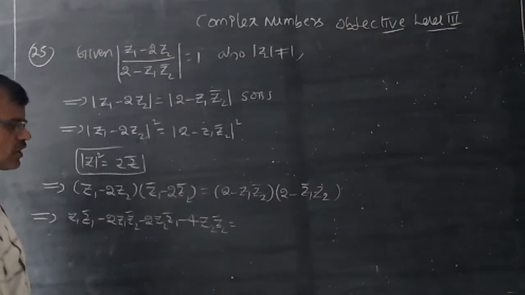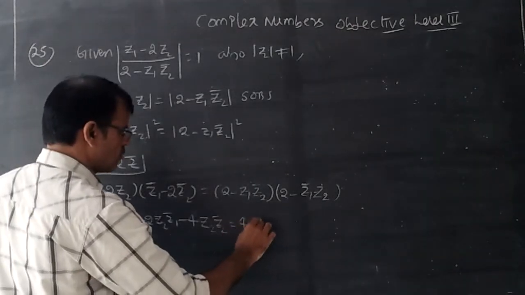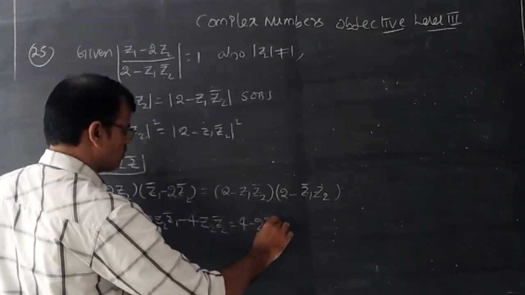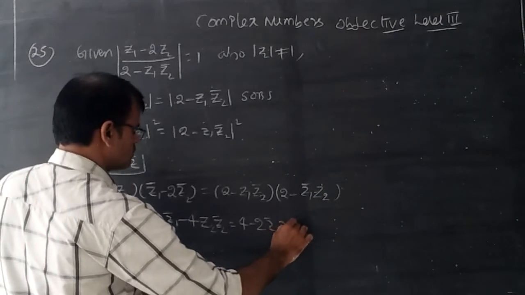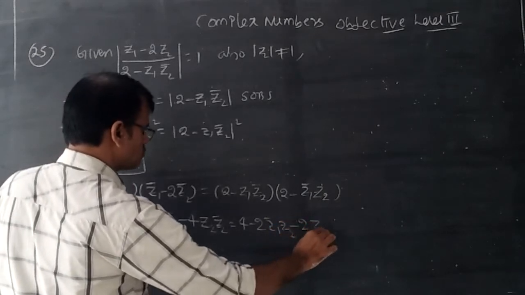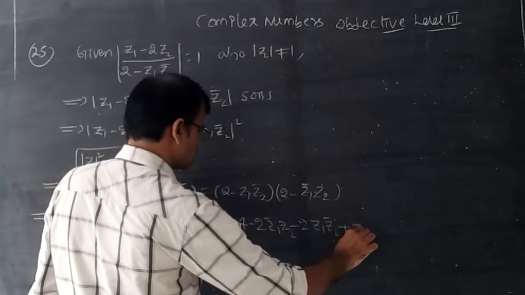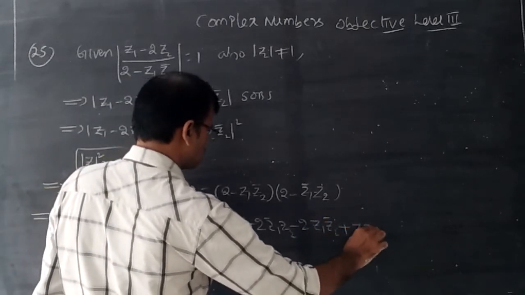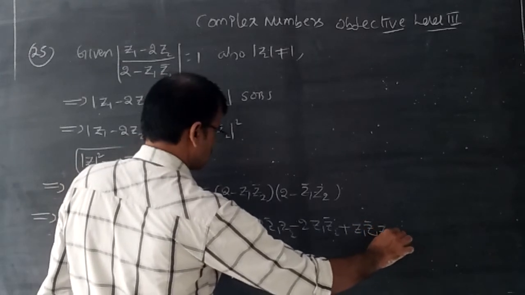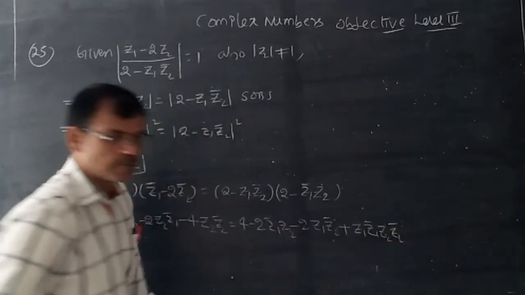Multiply this one also: 4 minus 2 into z1 bar z2, minus 2 into z1 z2 bar, plus z1 z1 bar z2 z2 bar.